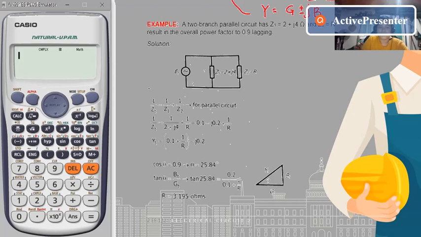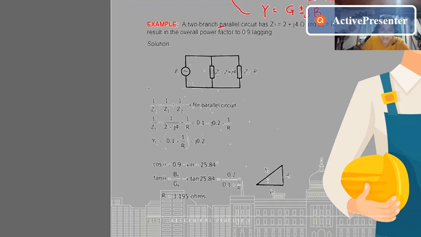So in this problem, it says parallel circuit, so we are given Z1, which is 2 plus j4 ohms, and our Z2 is R, our unknown. First, let us draw the figure with the total voltage, impedance 1 and impedance 2. Since it is a parallel circuit, we have the two impedances in parallel.